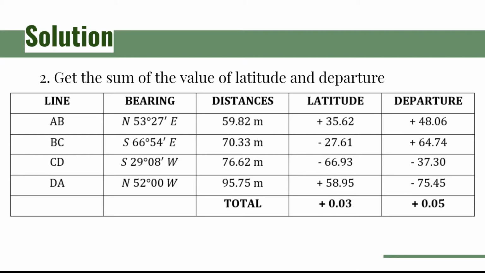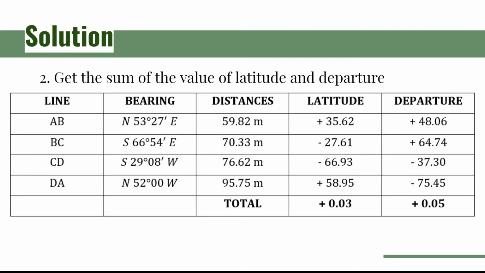So positive 35.62 plus negative 27.61 plus negative 66.93 plus positive 58.95 equals positive 0.03 latitude. Remember from the last slide, it says that the sum of the north and south latitude should always be 0.